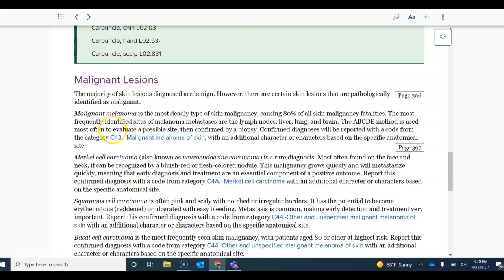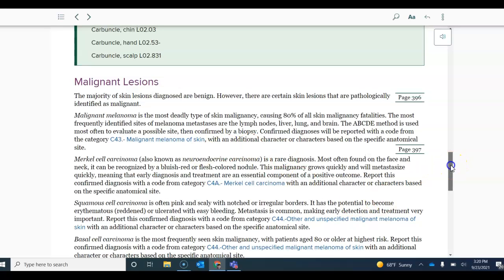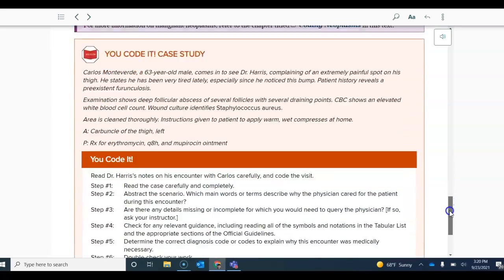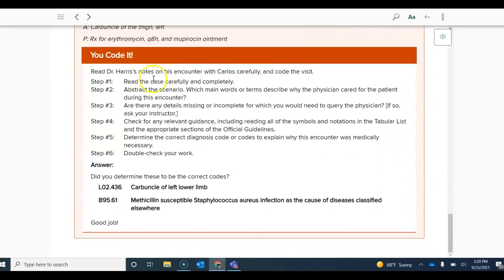Anytime you see melanoma, carcinoma, etc., you look up that word in the index and be referred to the neoplasm table. So you're going to get back to that in this chapter potentially.